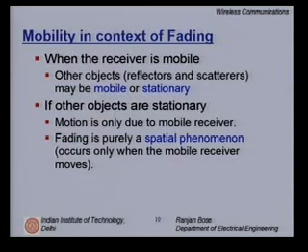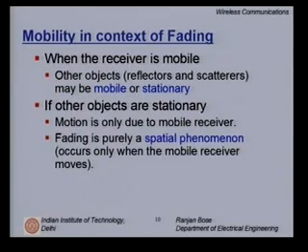Please remember, suppose you have a fixed point-to-point microwave link. So the transmitter is fixed and the receiver is also fixed. In that case, fading will be minimal because nothing is moving, nothing is changing, and these transmitters and receivers are normally on top of tall towers, so you do not have very many scatterers.